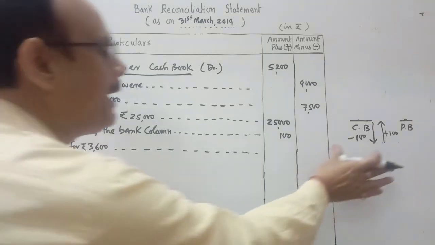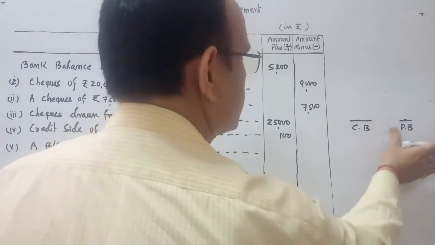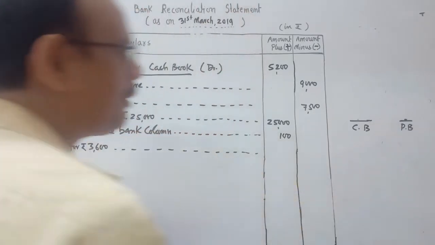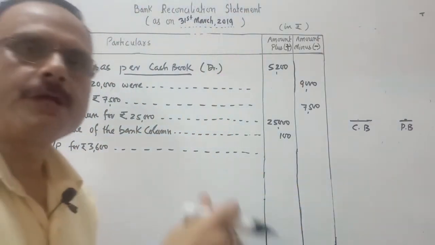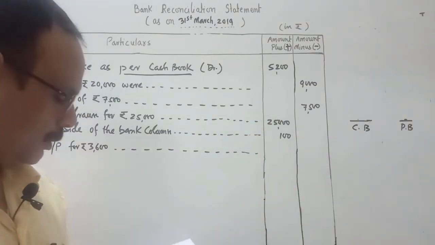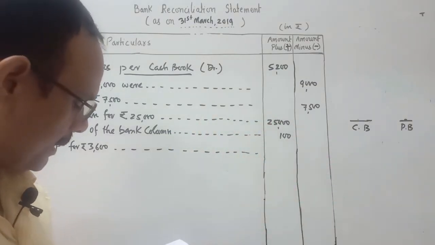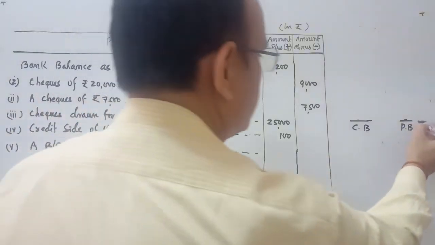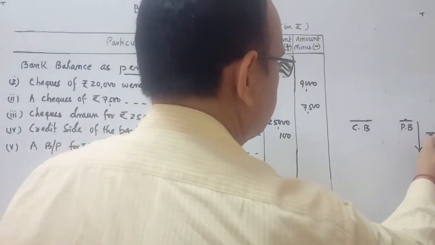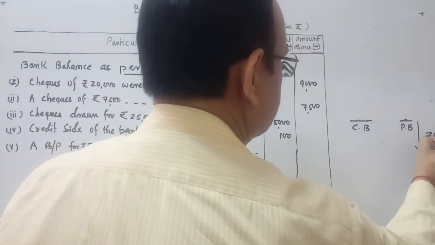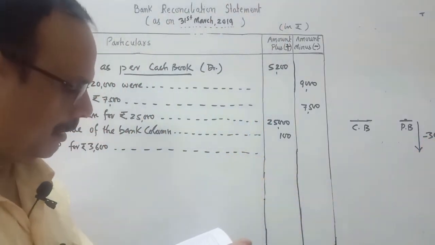Sometimes, as per our instruction, the bank makes the payment of the bills payable. So when the bills payable is paid by the bank, the passbook balance will decrease by 3,600.